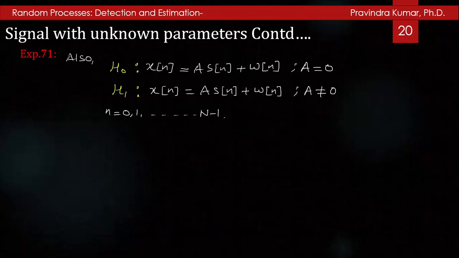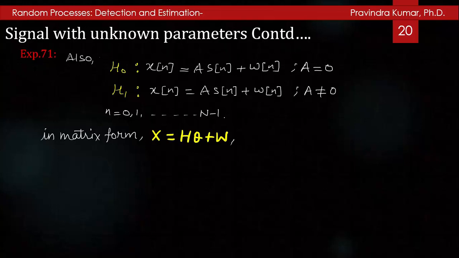Equivalently, we can write H0 as x[n] is equal to A s[n] plus w[n], where A is equal to 0, and hypothesis H1 corresponds to x[n] equal to A s[n] plus w[n], where A is not equal to 0, and small n is from 0 to N minus 1.